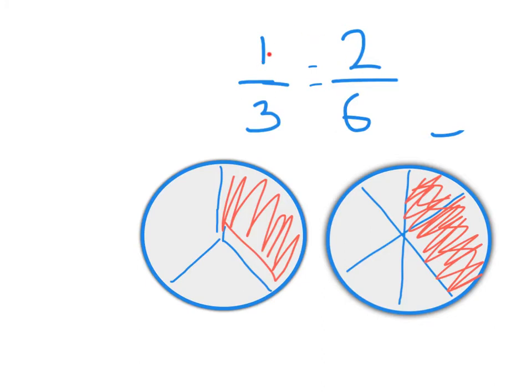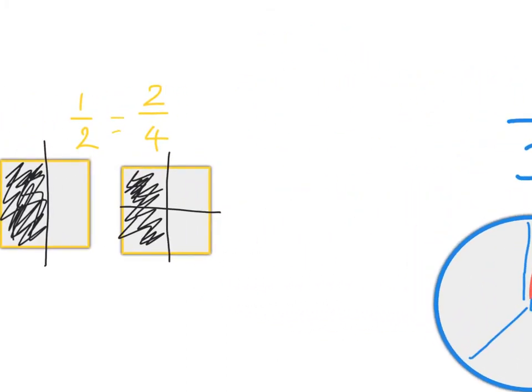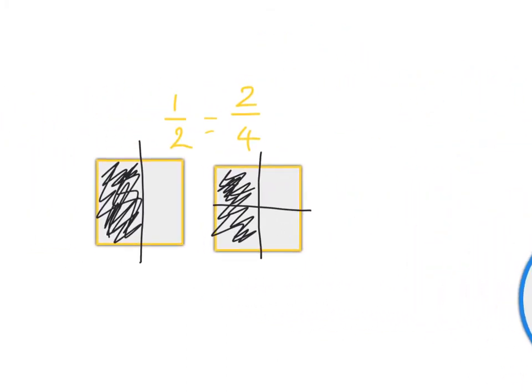To get from 1/3 to 2/6, you've multiplied the numerator and the denominator by 2. And because you've done the same process to top and bottom, of course it's going to be an equivalent fraction because you've done the same. Similarly, over here, let's scroll on over. For a half, to get from a half to 2/4, we've multiplied by 2.